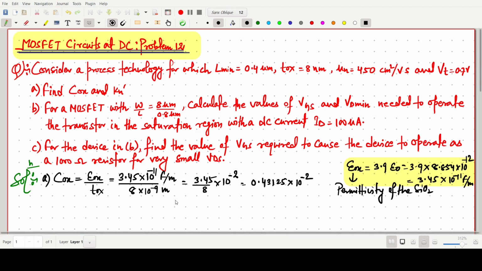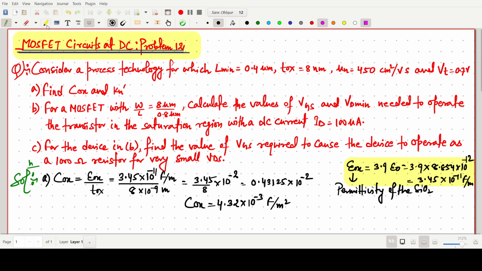In general, this COX can be written as 4.32 into 10 to the power minus 3. The unit will be farad per meter square. So this is the first part, COX in farad per meter square.